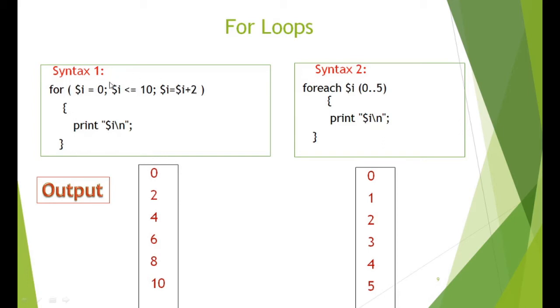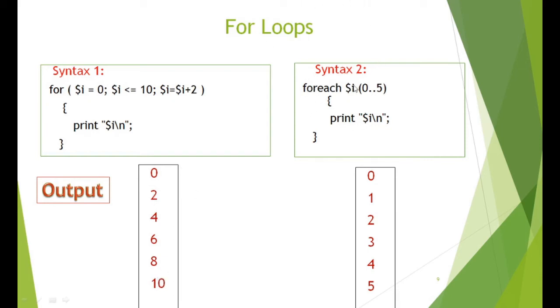So when the control comes here, $i will be initialized to 0, the condition will be checked, and if it is true, the statements will be executed. Then $i will be incremented, again the condition is tested, and only if it is true, this will be executed. So the output of this for loop will be 0, 2, 4, 6, 8, 10.